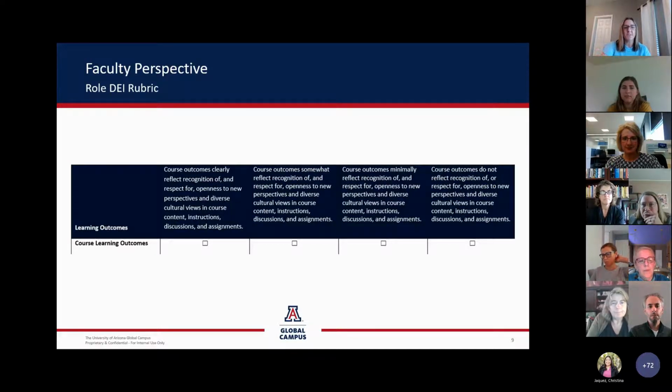I grabbed a little snippet here of the actual criteria from the rubric for course learning outcomes, but it's now in the forefront of my mind when drafting that language: have I woven in language that helps to make the course learning outcomes more diverse, more equitable, and more inclusive? Including that language in my course outcomes is ultimately going to drive including that within the course as a whole. And you'll see how we did that in a course when we get towards the end. I'm going to go ahead now and hand things over to Amy.